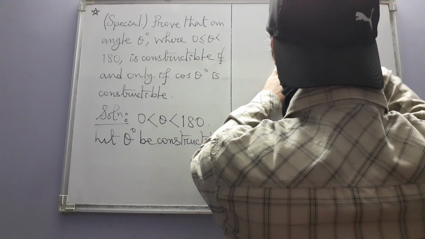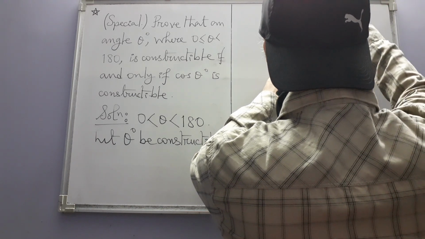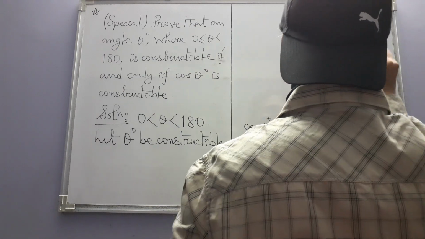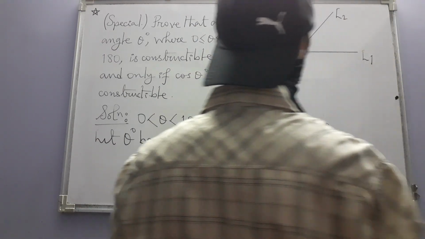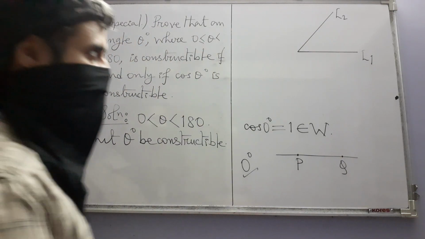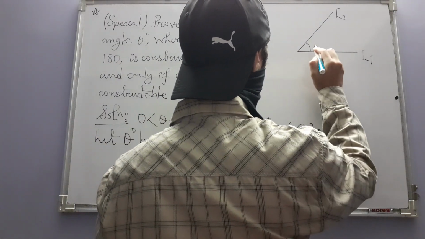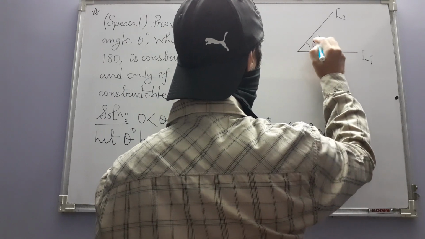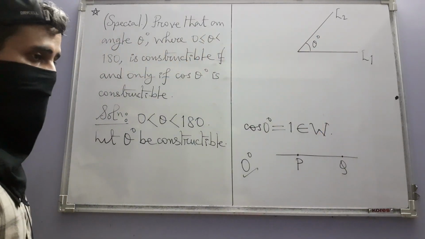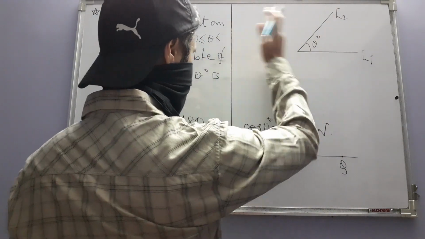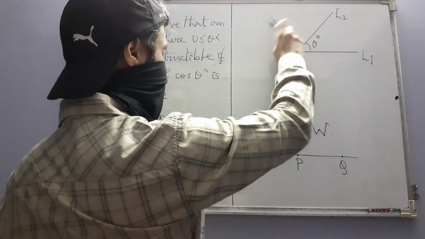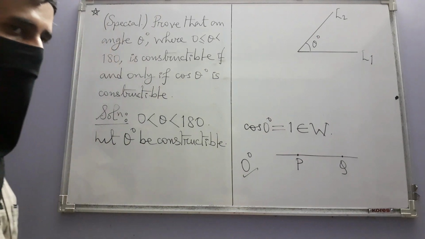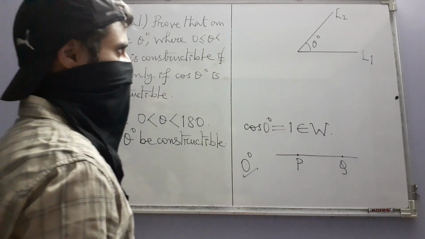So we now have some constructible lines. Let's call them L1 and L2, so that this angle between them is theta degree. Keep in mind that this can be obtuse also. That depends on what theta is. So this L2 may be like this. Okay, but this is just one of the 2 cases.